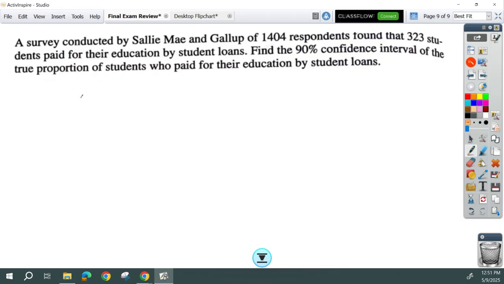The formula looks similar, except instead of X bar, we're talking about a P hat, a sample proportion. We're going to have Z star, and then our standard error is going to look different.